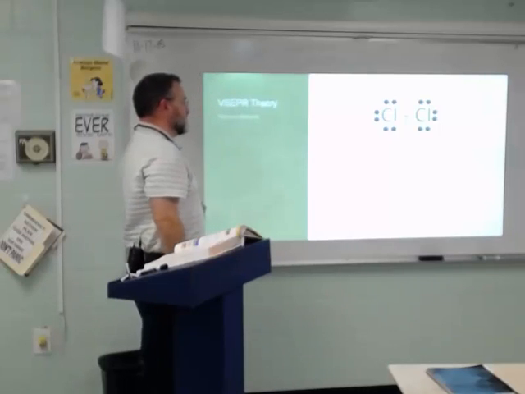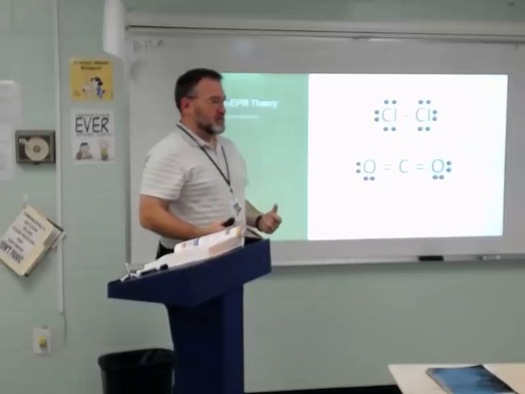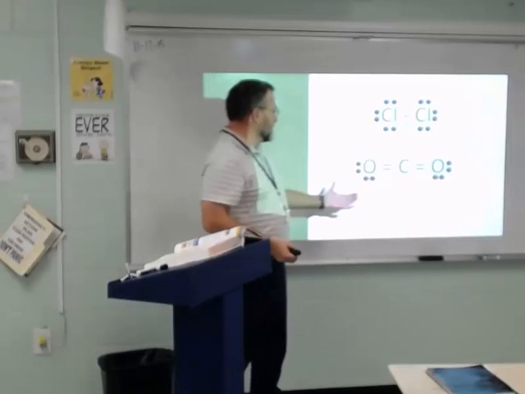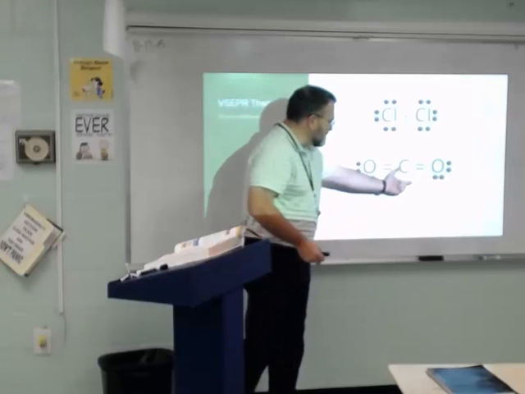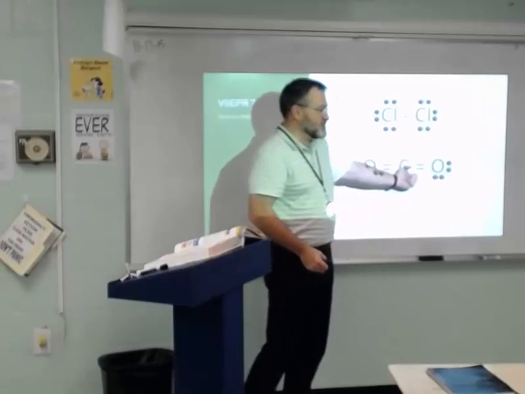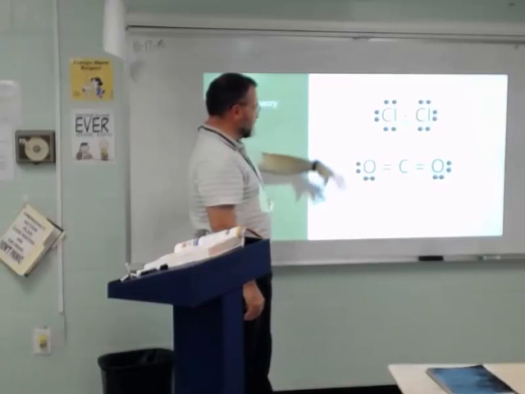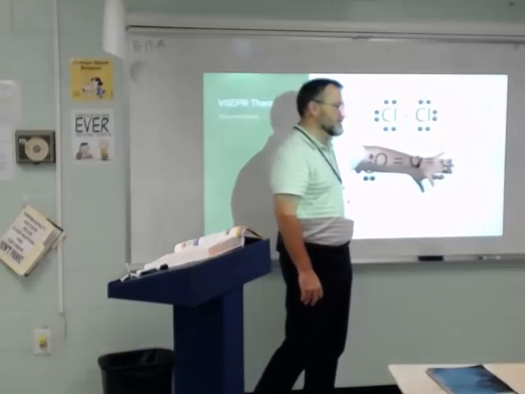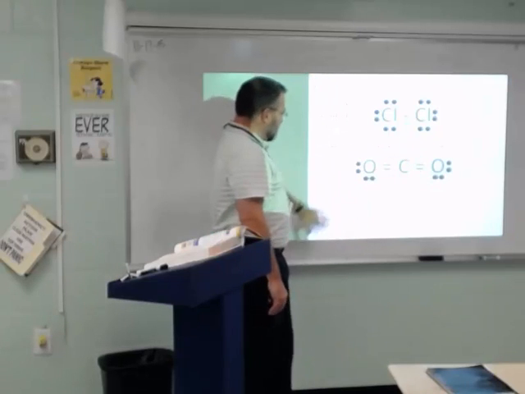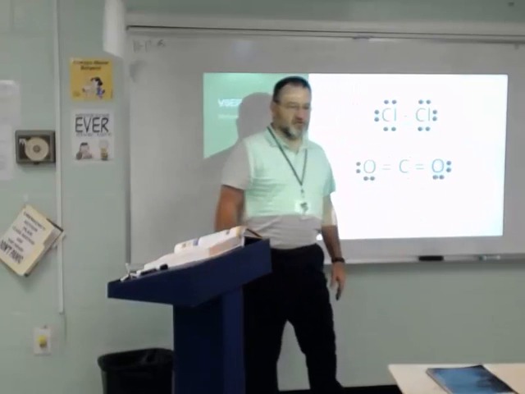But we do have examples where three atoms are bonded together, for example CO2, carbon dioxide. We're representing a carbon and two oxygens. By doing the correct Lewis structure, we find there is a double bond between the carbon and each oxygen, and two unbonded pairs on each of the oxygens.